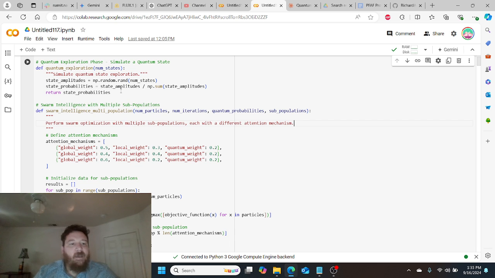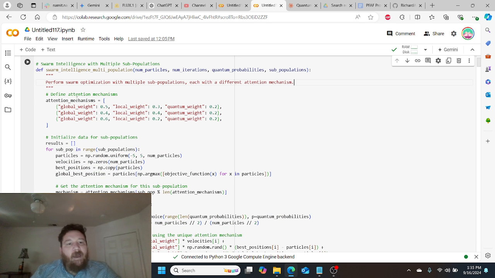What I wanted to test out is this: if this is accurate, then we would see a difference by adjusting the weights. I've defined 3 weights: the global weight, the local weight, and the quantum weight.